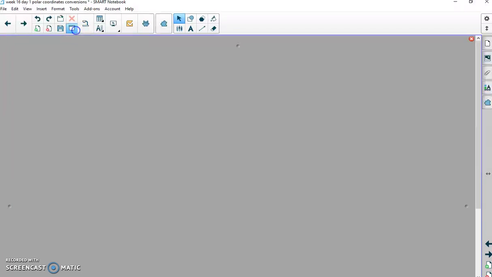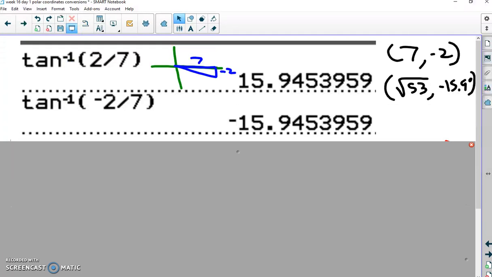Okay, so on the inverse tangent one, some of you will prefer to just do inverse tangent of all positives and then pick and choose where that angle goes. Some of you would rather keep the negative in there. Either way, it's -15.9. Could you, if you wanted, say 345-ish?